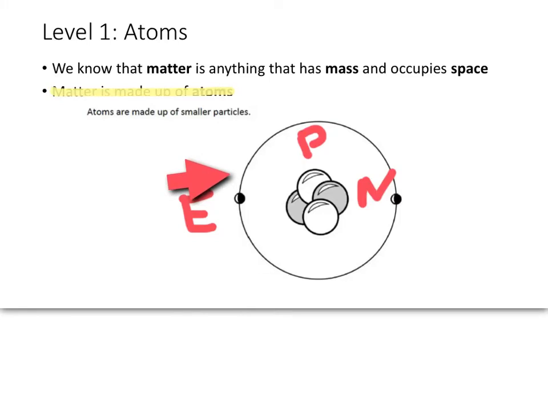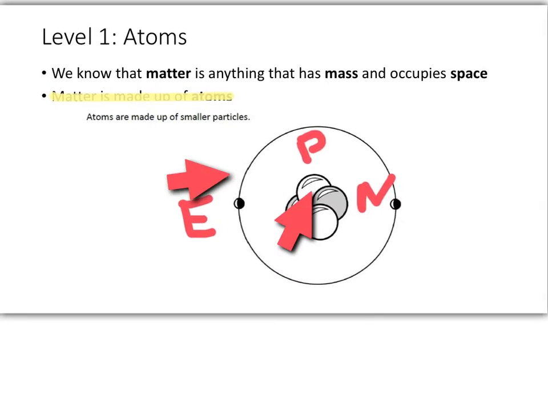Our protons and our neutrons are in our nucleus. Our protons are our white circular spheres, and our neutrons are our gray circular spheres.